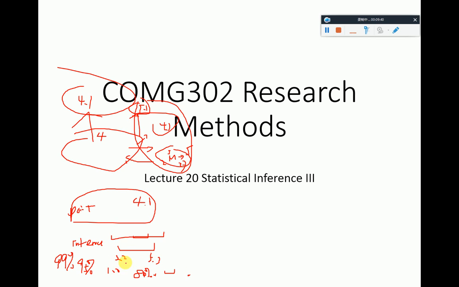Okay, so this is the idea or logic behind having confidence intervals. So yesterday we started to talk about how we calculate confidence intervals based on a pre-specified confidence level, and we started by talking about sample proportion.